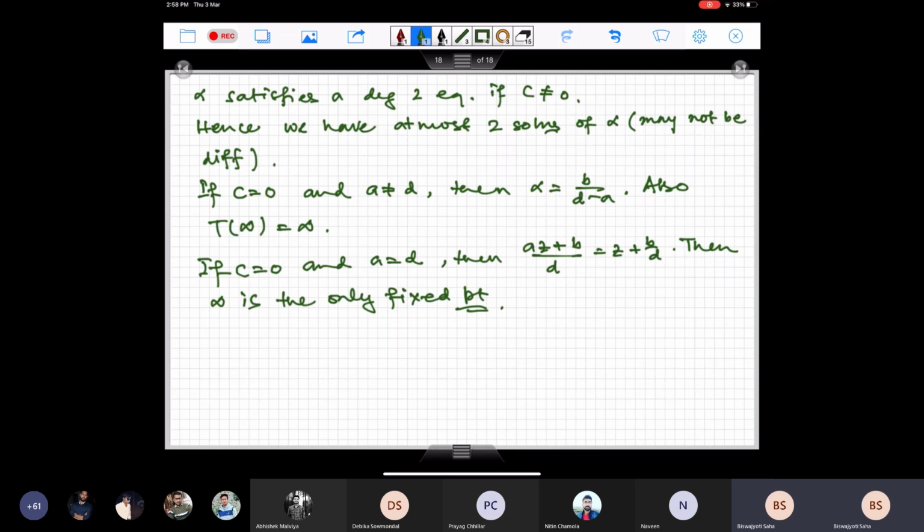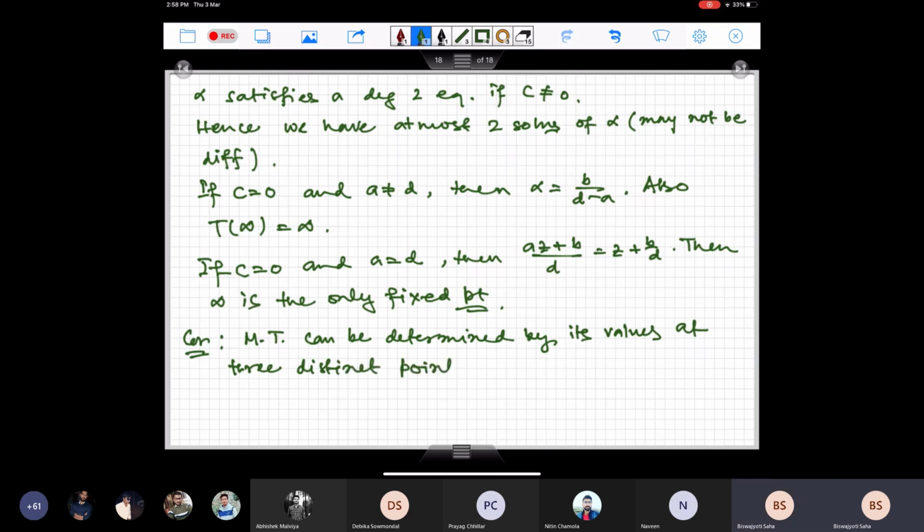So what is that? As a corollary to this, we get that a Mobius transformation can be determined by its values at three distinct points.